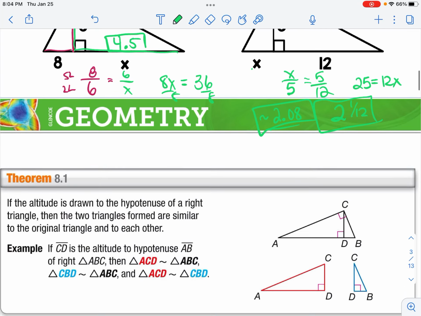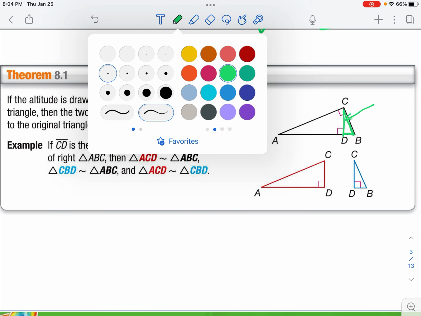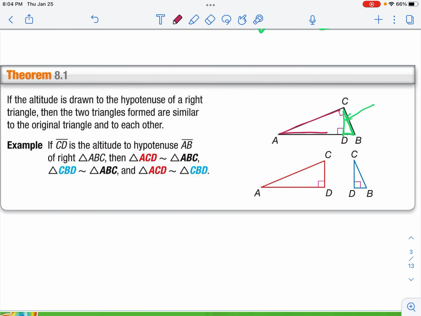Let's go down. So in this theorem, it actually splits our triangle up into 3 pieces. You can see here, this is kind of like the triangle we just had, where CD represents the altitude, but it also creates now 3 triangles. There's this little one here that is green. We have one over here that is pink.